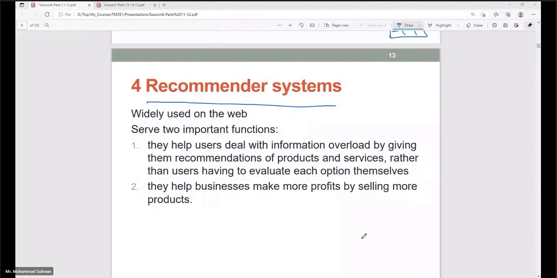You start receiving new products, new items, related to your previous purchase. Sometimes it is more related to what you set in your profile. That is what the recommender system will do. The recommender system will provide a recommendation for some products, or you can say for some items.